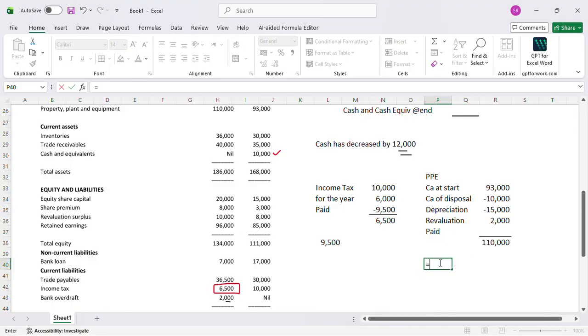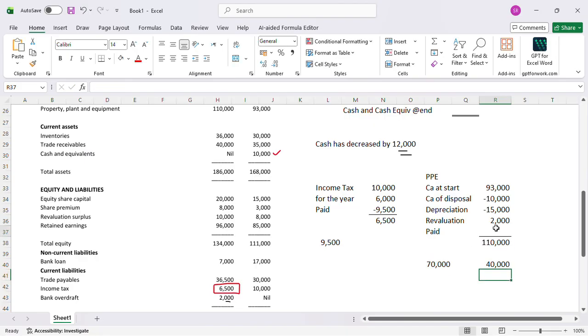Let's work this out. So let's have a sum of all of this. It comes to 70,000. So 110,000 minus 70,000 would give us our cash paid to acquire new property, plant, and equipment. 40,000.